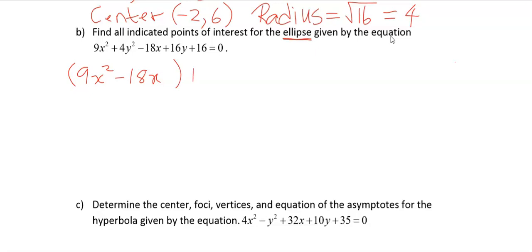And then I go plus, and what do I put in the next set of brackets? Well, how about 4y squared plus 16y? And I close that off with a set of brackets. And just like I did for the circle, I'm going to take that plus 16 and throw it over to the other side. It's going to become a minus 16. All right, so far so good.